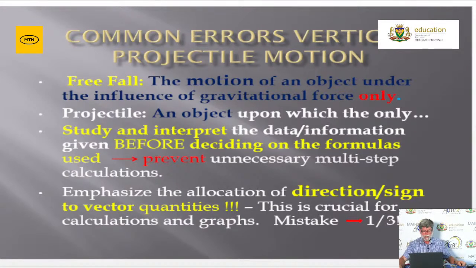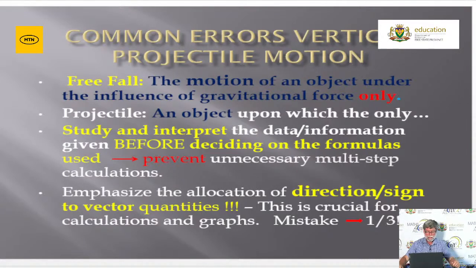There are two key words: the motion of an object, very important, and even more important is the word only, the gravitational force only. Learners lose marks on those two words. And if they ask the definition of a projectile, remember it's an object upon which the force acts, but again the very important word only. It's only the gravitational force that acts on the object.